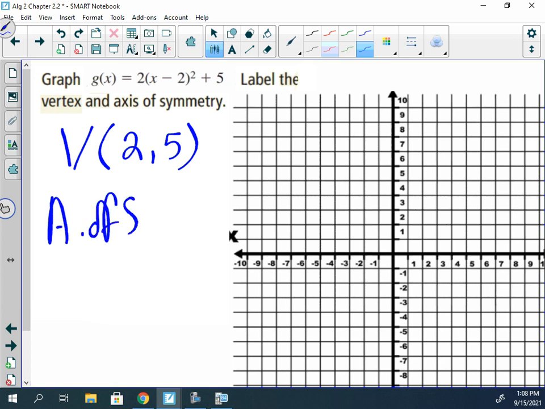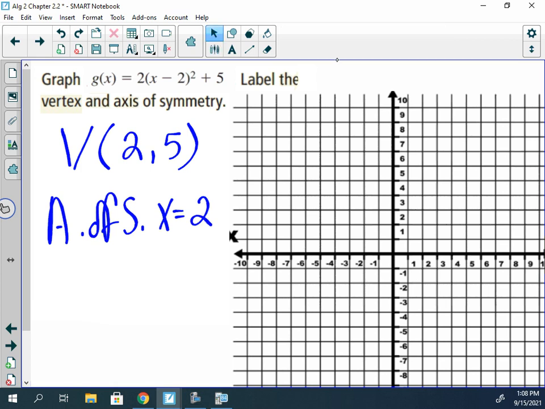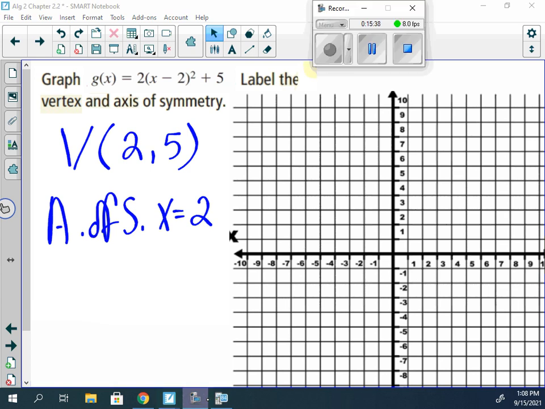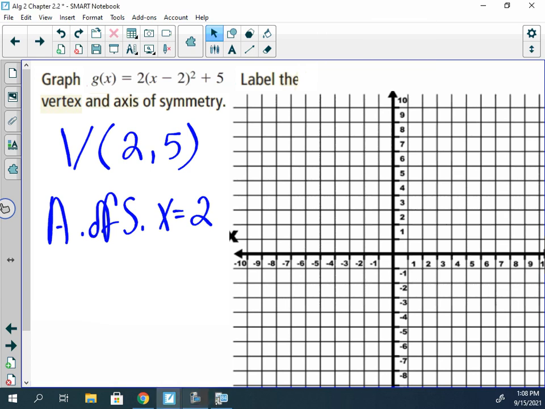Axis of symmetry, x is equal to 2. And if you're not sure on some of these, you can always plug it into the calculator and see, is the lowest point of the graph or the highest point of the graph at 2, 5? If it is, then we got the correct vertex, and x is equal to whatever its x value is. And that's it. Questions on this here?